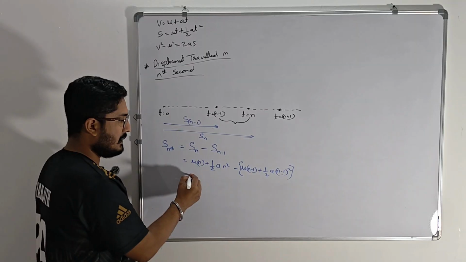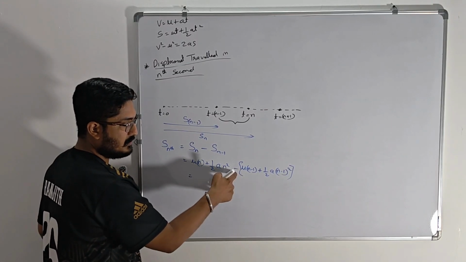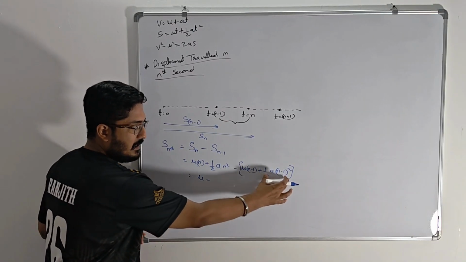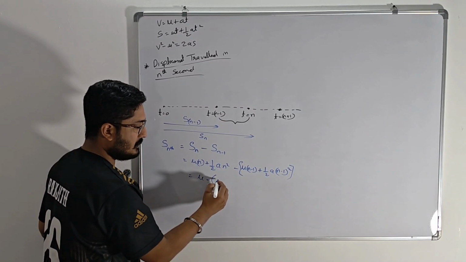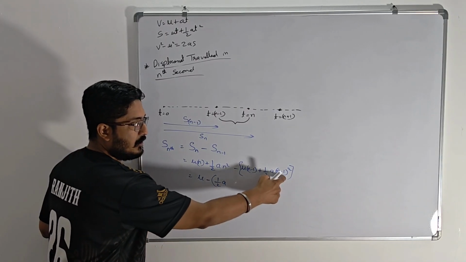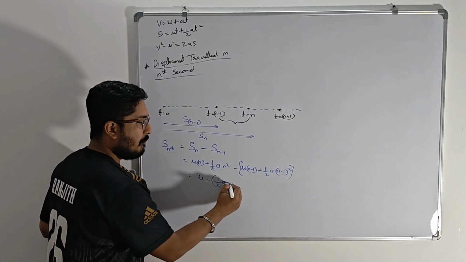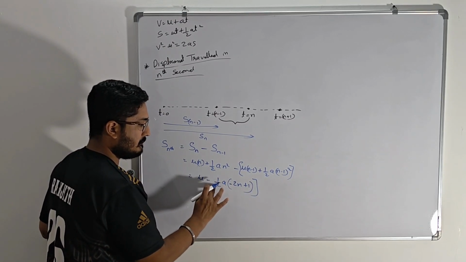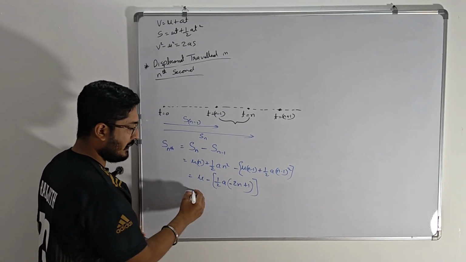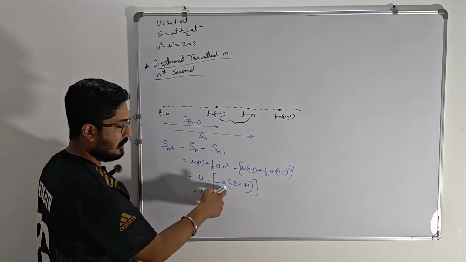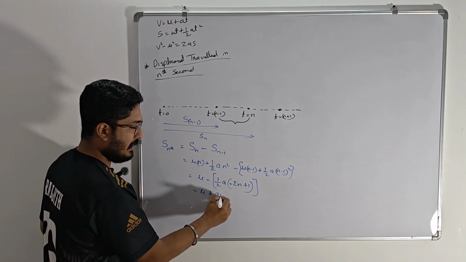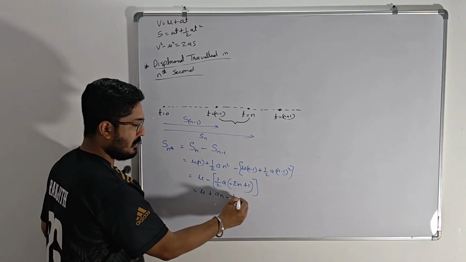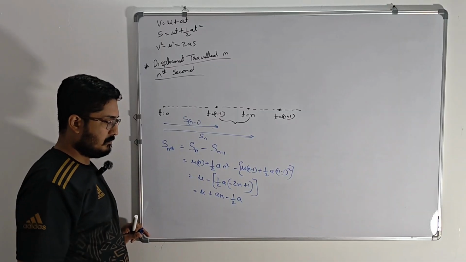So what remains is minus of minus u, which comes out as plus u, and then minus of half a into the pending term, which would be minus of (2n minus 1)... so when I open the bracket, what I'll be getting is u plus an, and then minus of 1 by 2 a.